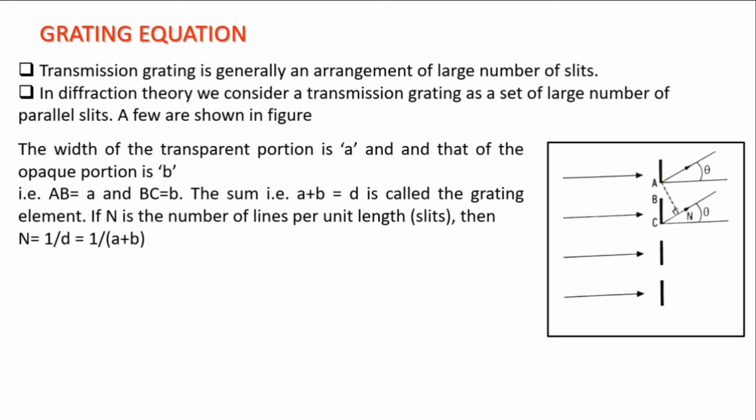If capital N is the number of lines per unit length, then we can write N is equal to 1 by the grating element, 1 by d, that is equal to 1 by a plus b. What is capital N? N is the number of lines per unit length.